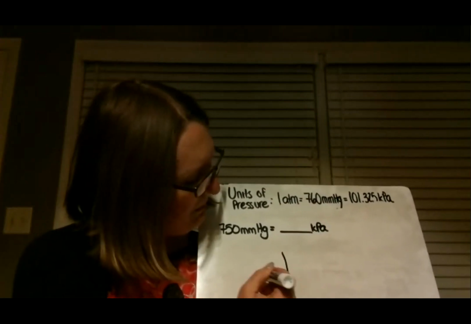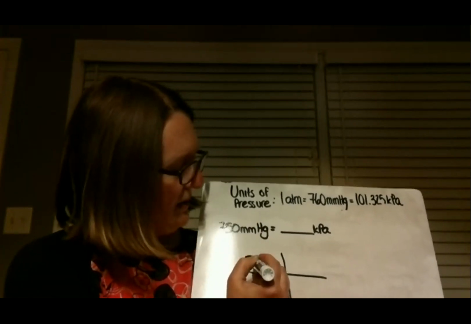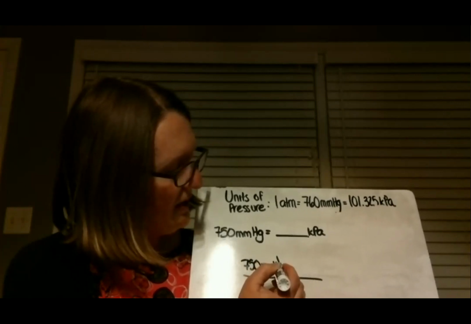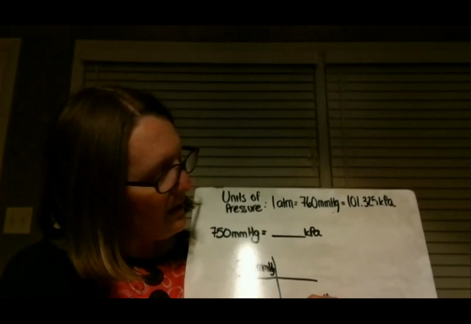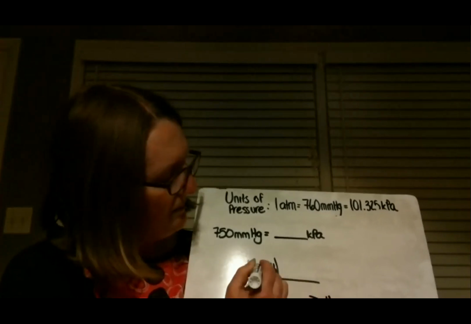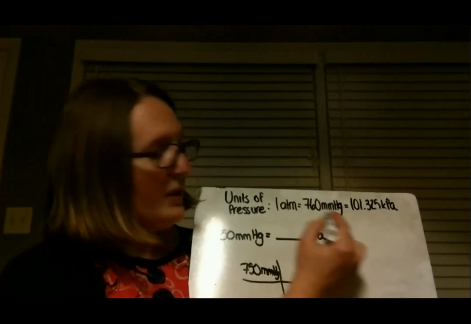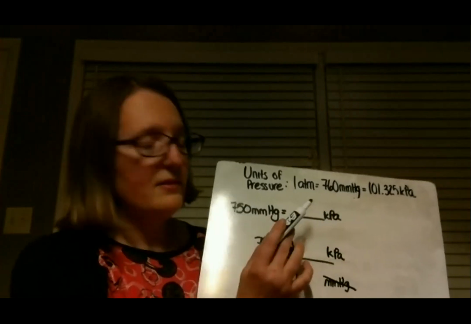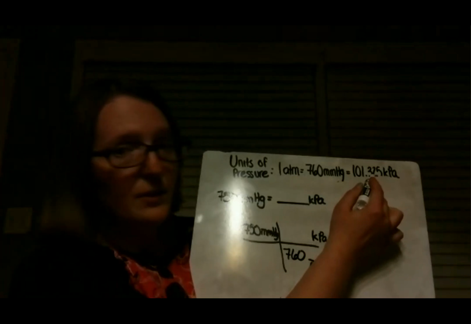All right, so I put what I know right here, what I'm given, 750 mmHg. Now remember, mmHg has to go down here so I can cross them out. And I want to get to kilopascals. So I'm going to look up here. How many mmHgs do I have? 760. So I'm going to put that down here. And how much does that equal? Kilopascals?